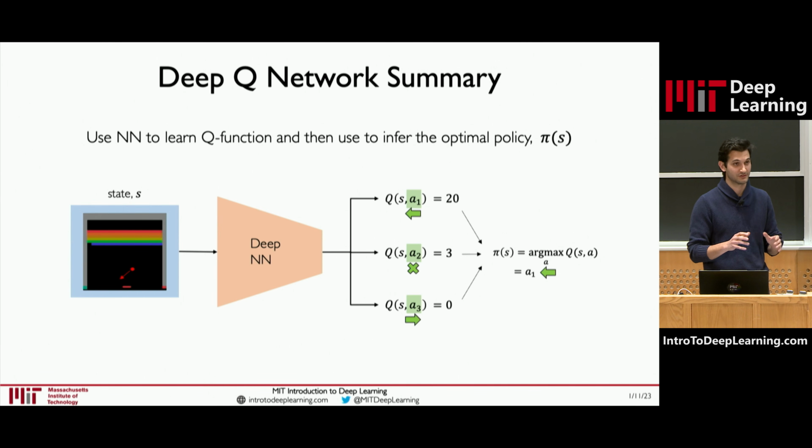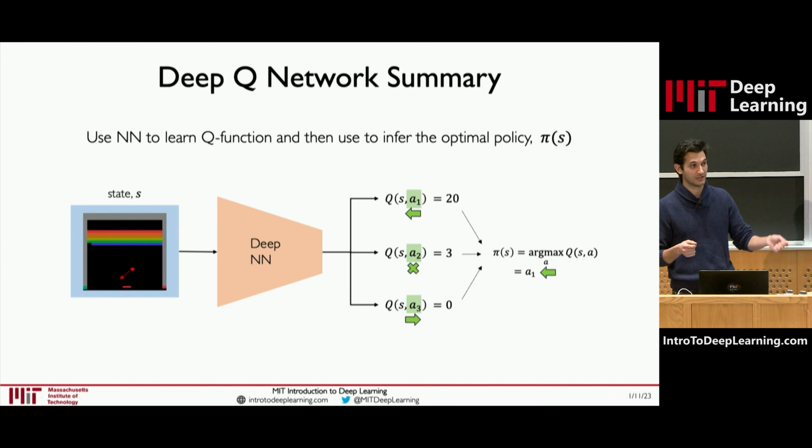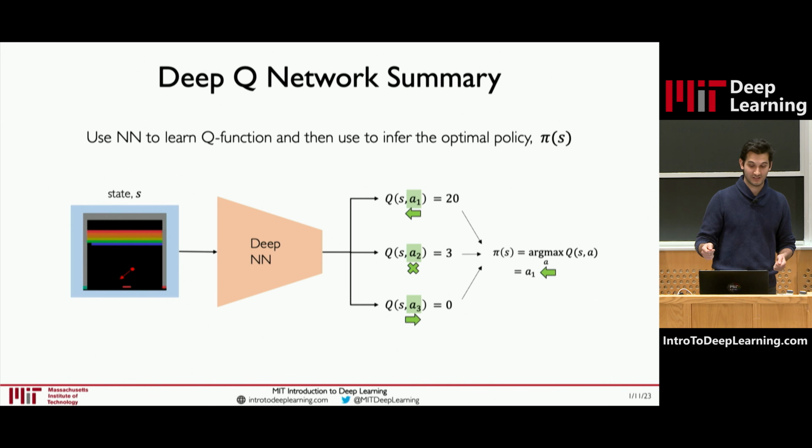The Q function tells us, given a state, the value, the return, of every action that we could take. The policy function tells us one step more than that: given a state, what is the best action? So it's a very end-to-end way of thinking about the agent's decision-making process. Based on what I see right now, what is the action that I should take?